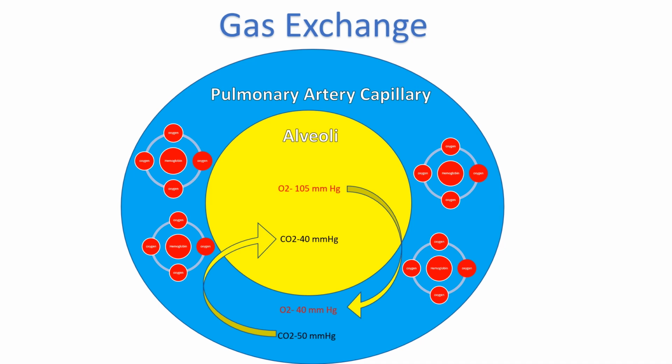So the carbon dioxide moves from the pulmonary artery back into the alveoli. What happens in the alveoli? We breathe out the air. So we breathe out the carbon dioxide that we have so much of inside the body back into the air. Okay.